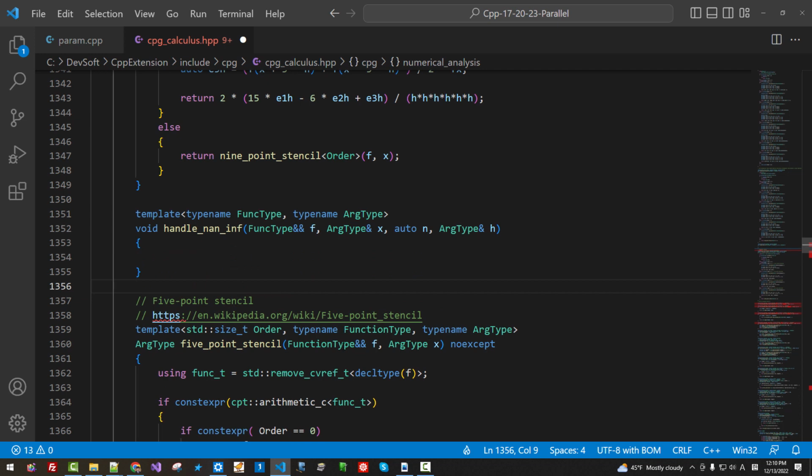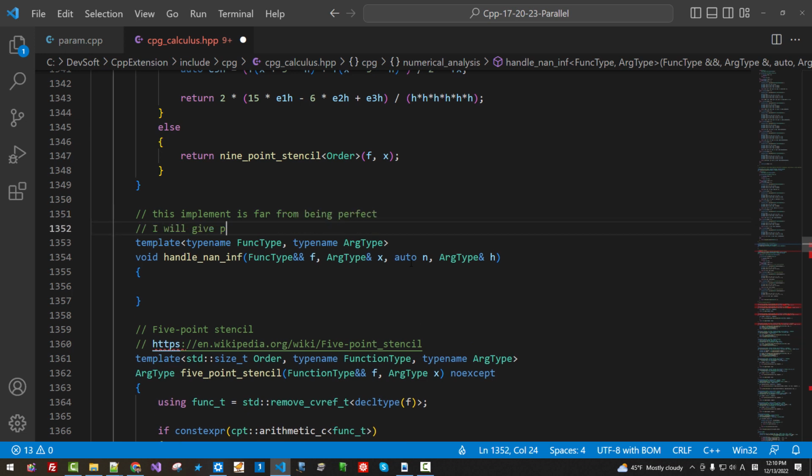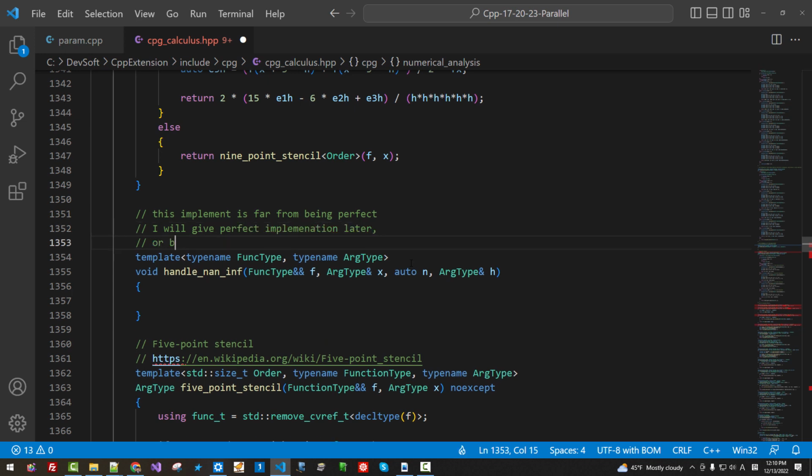Please understand that I used L-value reference for x, also L-value reference for h. Please understand this implementation is far from being perfect. I will give a perfect implementation later, or by the time you acquire this file, you can find the perfect implementation.